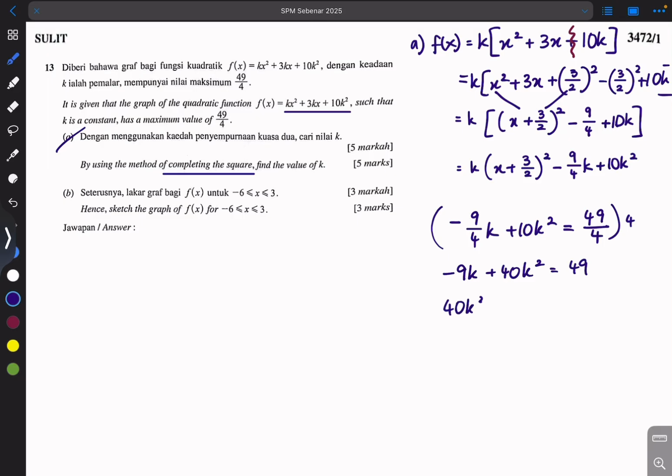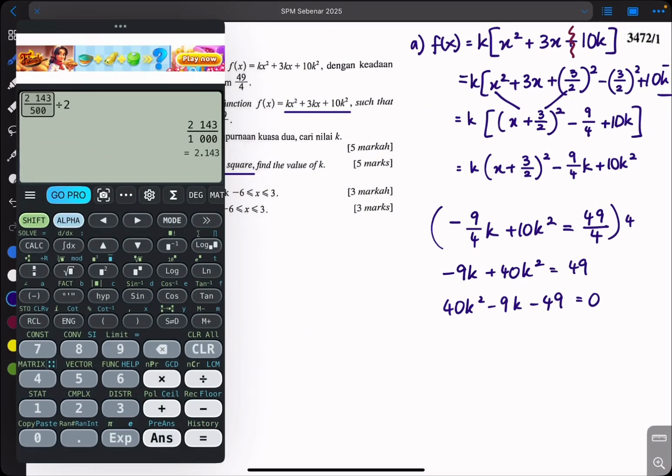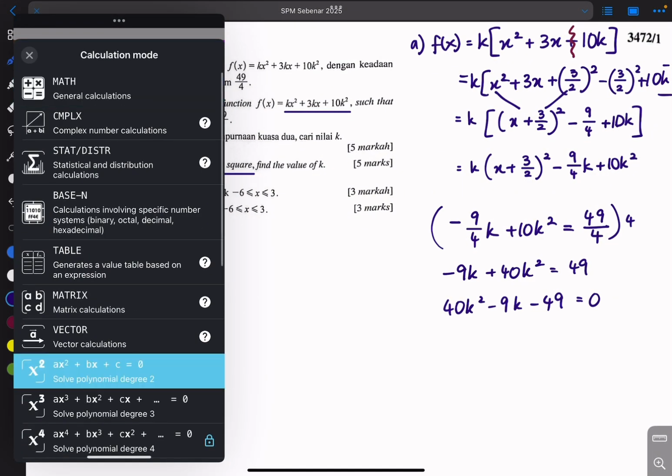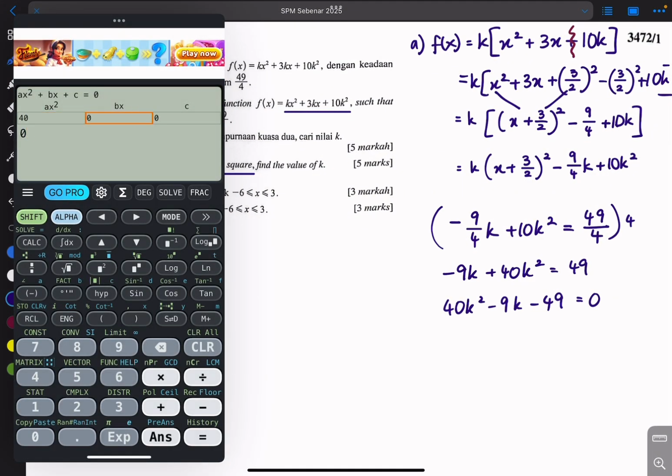Then we rearrange like this, then we can factorize. So the polynomial is 40, negative 9, negative 49. So we get k equals negative 1, and the other k is 49 over 40.